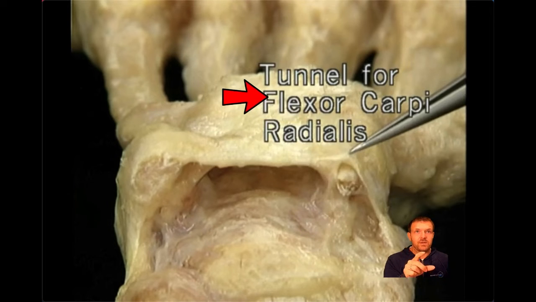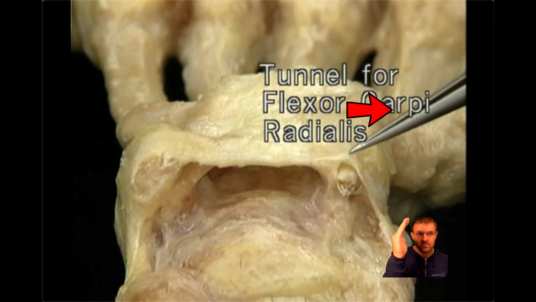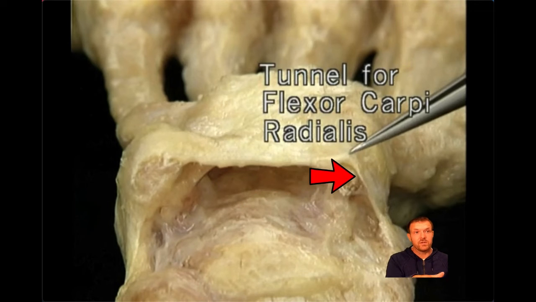This is a flexor, so it does that, of the carpi, which are the carpal bones, so it's to do with the wrist, and it runs along the radius. So flexor carpi radialis, that's the tendon for it there. It goes over the top of the tunnel. So it doesn't go through the tunnel, it goes over the top of it.